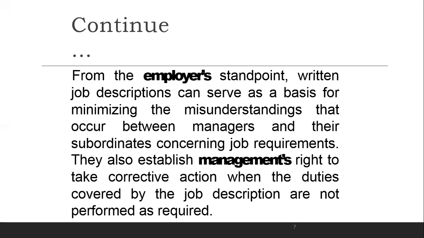They know that you as an employee have all the knowledge about your duties through the job description. So you know what exactly the job duties are, and if you are not going to perform as per the requirement of that particular job, then the management has the right to take corrective actions towards that employee.